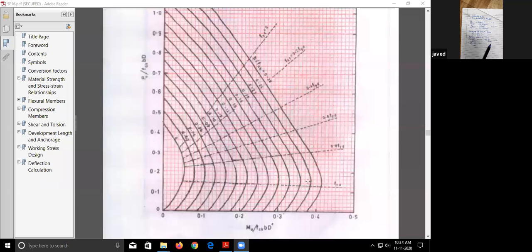ठीक है. Let us check. I'll just share my screen. So let us check now. I hope my screen is visible. So what we have, the value of Mu by fck bD square अपना value है 0.125. ठीक है. तो 11, 12 और 13 के बीच में यहाँ पे रहेगा. ओके.